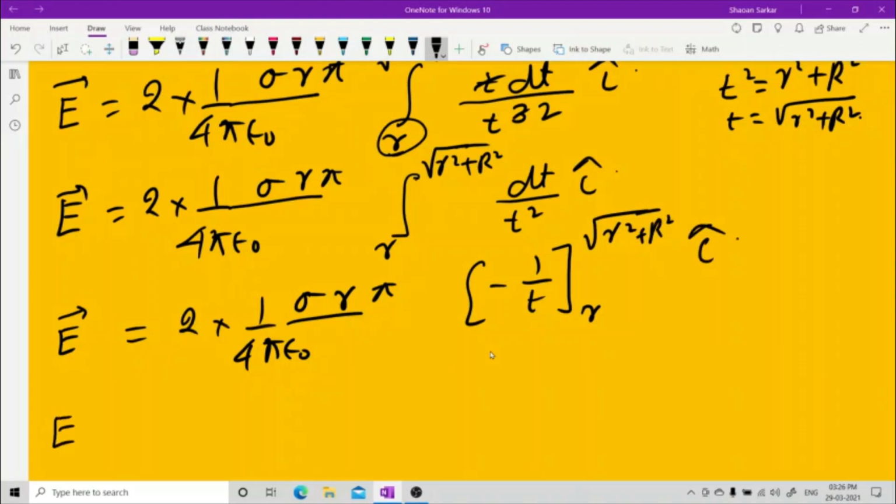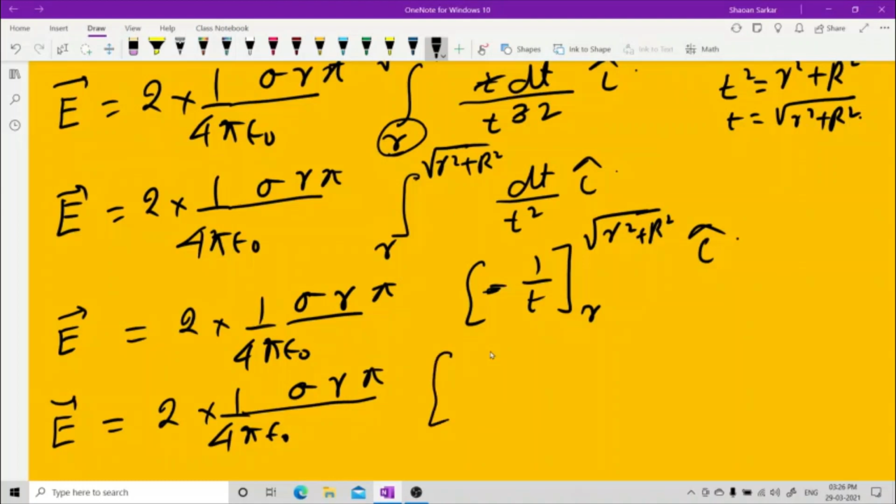Now when you put the upper and the lower limit, since the minus sign is there, 2 into 1 by 4 pi epsilon naught sigma r pi. So first you write minus 1 upon under root r square plus R square, then plus 1 upon r i cap, because of this minus sign.